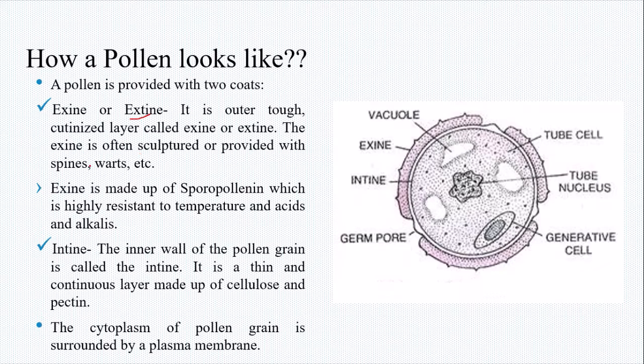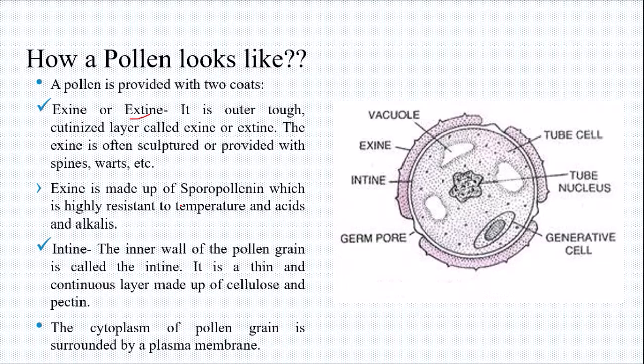The exine is actually made up of sporopollenin, which is highly resistant to temperature, acids and alkalis. This is the most resistant organic matter yet known, and this is the reason you can find pollen of a plant after thousands of years. It will not be viable, of course, but if it is not eaten by any animal, it can be buried in soil and extracted from there.